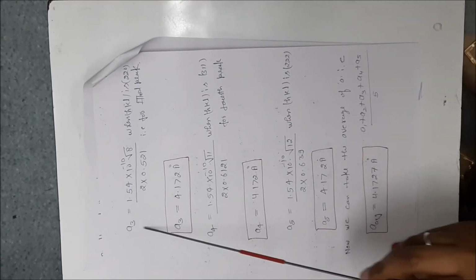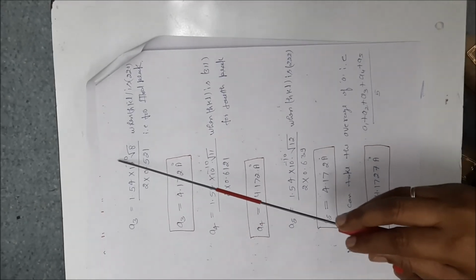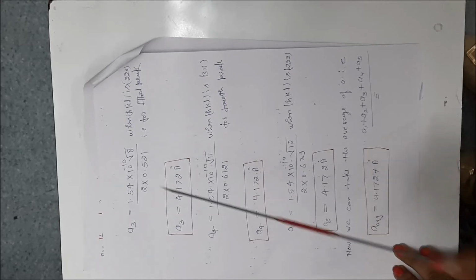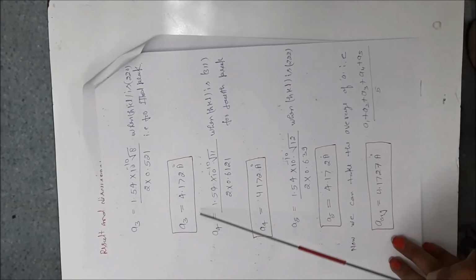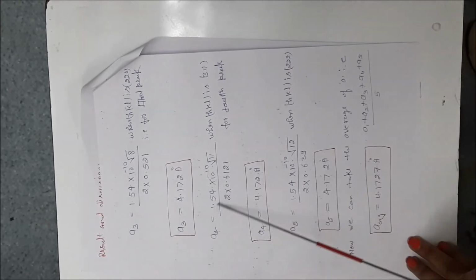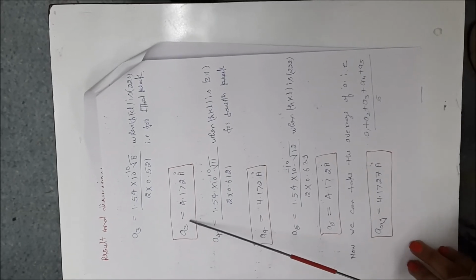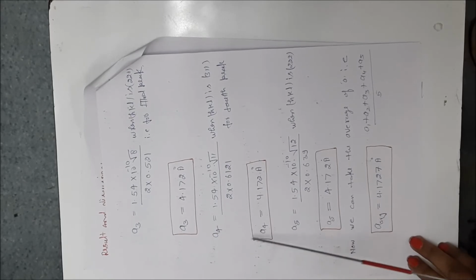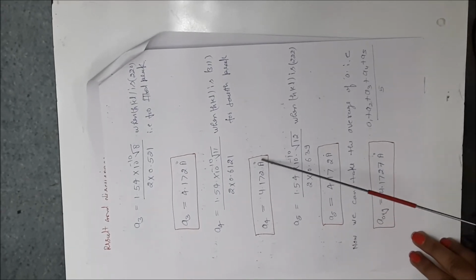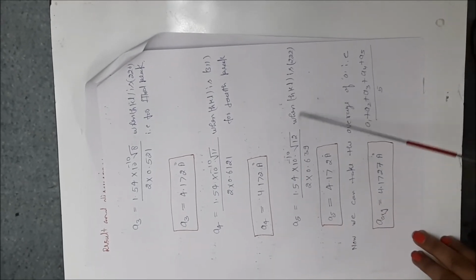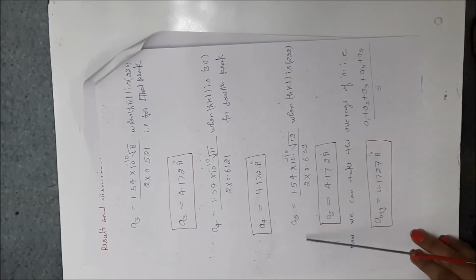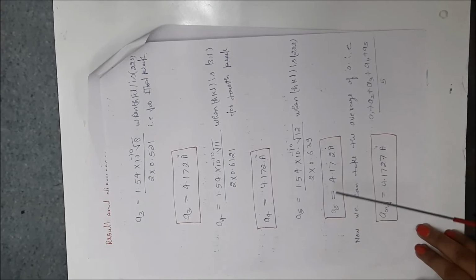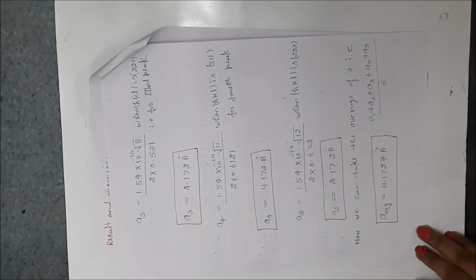This means that a3 equals 1.54 times 10 to the power minus 10 times under root 8 upon 2 times 0.521, and after calculation and solving the equation, we get the value of a3 as 4.172. In a similar manner, the value of a4 is 4.172 when the hkl value is 311, and for the fifth peak, 222, the value of a5 is 4.172 angstrom.